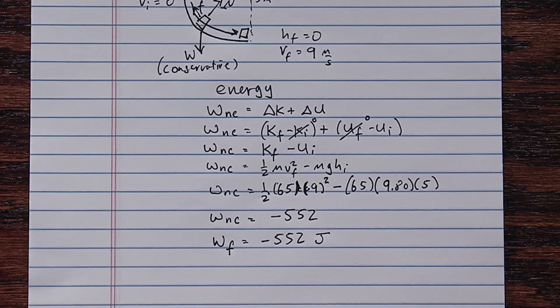Or in other words, as Jim rode his skateboard down the ramp, friction took away some of his energy. He had potential energy to begin with that was converted into kinetic energy as it went down the ramp, but not all of his potential energy was converted into kinetic energy. Some of it was taken away by friction. So if there were no friction, he would have been going even faster at the bottom of the ramp.